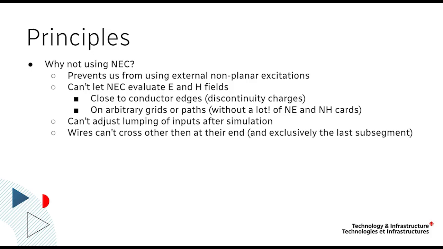Once you have the simulation done, you do not have access to the inner interaction matrix that you need in order to adjust the lumping of the loads. I'll get on to that later. Also, the wires have to be discontinued where they cross, meaning that they can only touch at the ends of the wire.